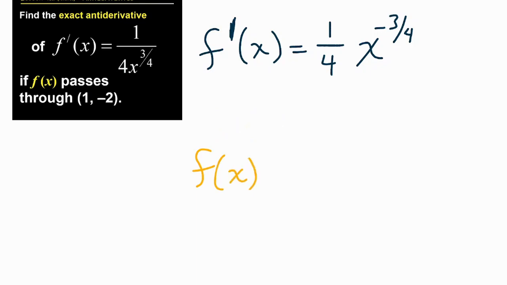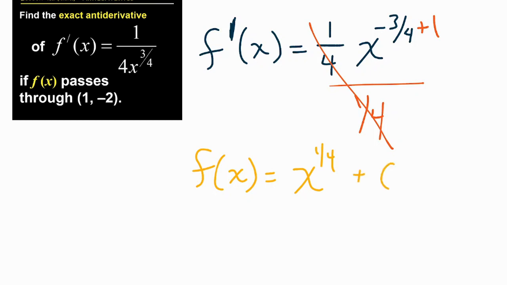How are we going to find the original equation? We're going to use the reverse power rule. All you got to do is add to your exponent. Now be careful, when you add to that exponent, you actually get 1/4, and then I'll divide by that new exponent. Now, I can multiply by the reciprocal, or I can just say, wait a minute, these are going to cancel out. So I'm going to end up with x to the 1/4 plus c.